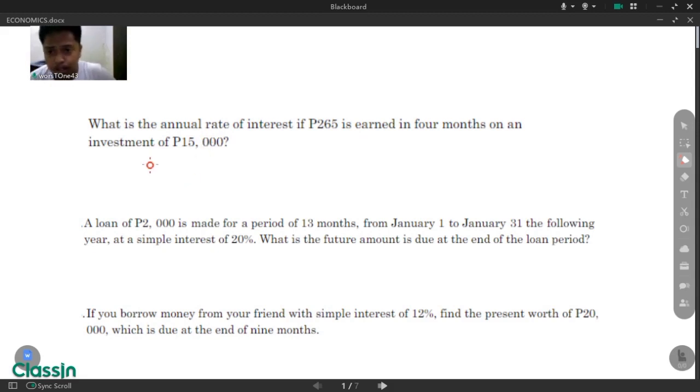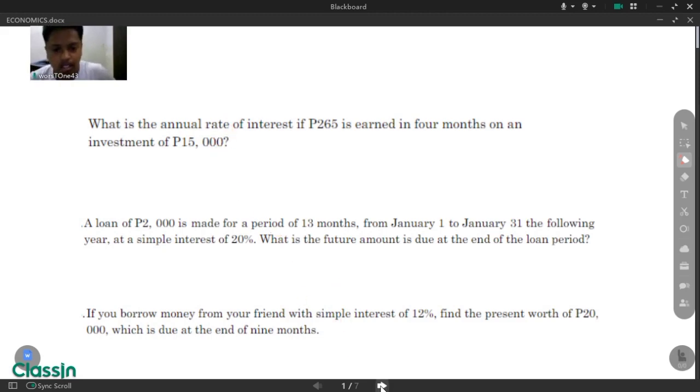First question: what is the annual rate of interest if 265 pesos is earned in 4 months on an investment of 15,000 pesos? As we look at my answer, this 265 is the interest amount accumulated and earned in 4 months on an investment, and this is the principal, 15,000 pesos.